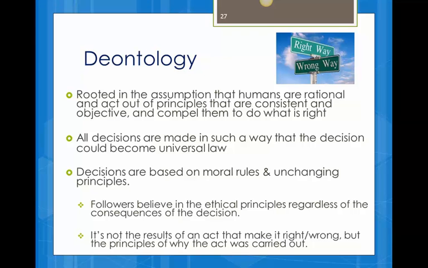So let's do an example. If you are a deontologist, it is obviously your moral duty not to lie, and lying is wrong, and even if it results in harm to others, lying is still wrong.